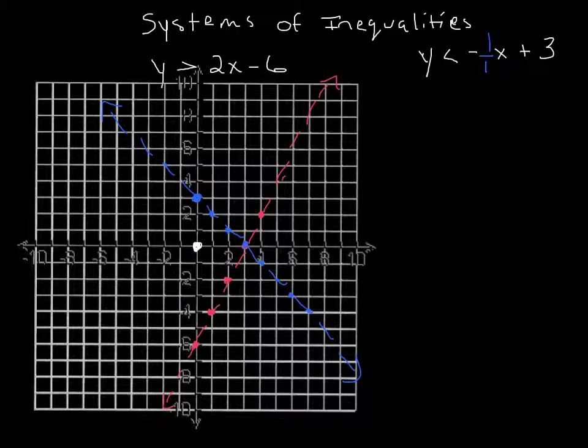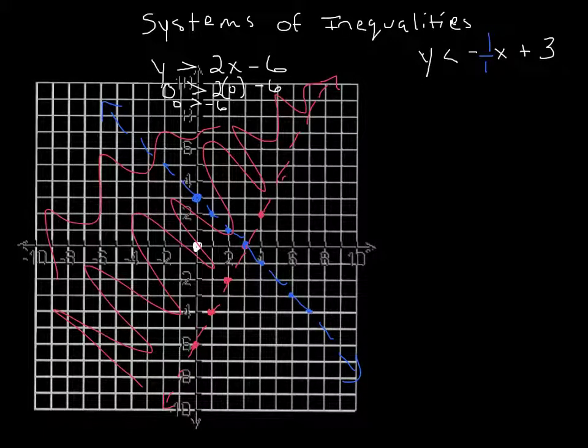So I'm going to plug 0 in for y: 0 greater than 2 times 0 minus 6. Okay, so 0 greater than negative 6. And if that's true, then you're going to shade towards that dot. Now this is our red line we started with, so I'm going to shade in that direction all the way along our red line.